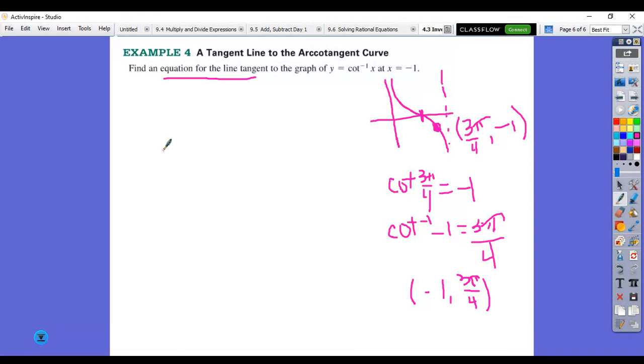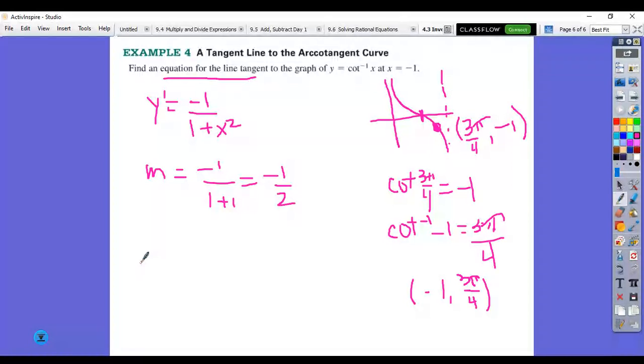Now we find the slope, so we need the derivative. Y prime equals, since it's a cotangent inverse, negative 1 over 1 plus x squared. We find our slope by substituting our x value of -1 in. -1 over 1 plus -1 squared, which is just 1, so our slope is -1/2.